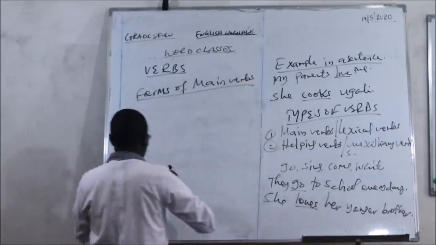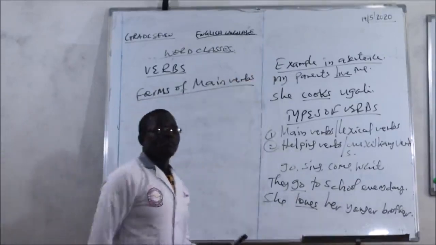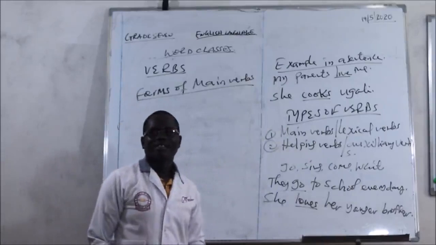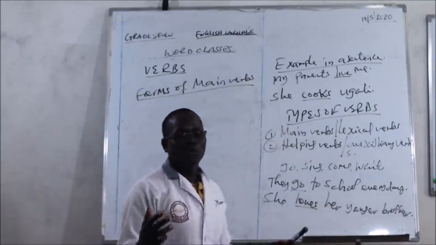Forms of main verb. We have got two forms of main verbs.